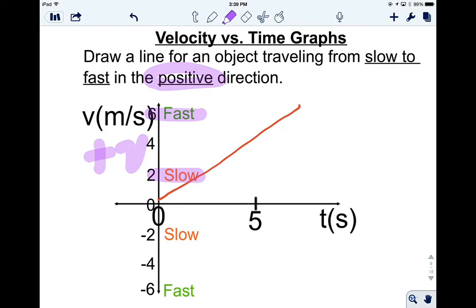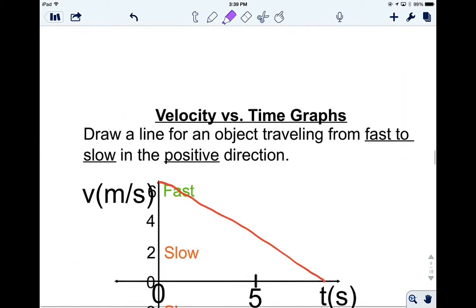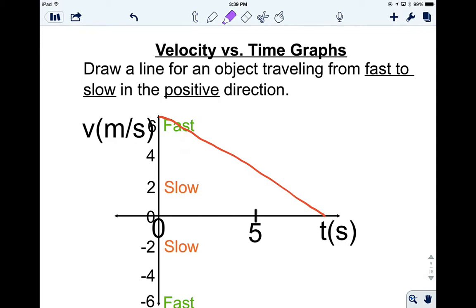And you can see that the line starts slow, with small velocity values, and then starts to get into larger, bigger, faster velocity values. If you're going from fast to slow, now you've reversed. You've gone from big meter per second values to smaller meter per second values, all in that first quadrant, positive velocity.